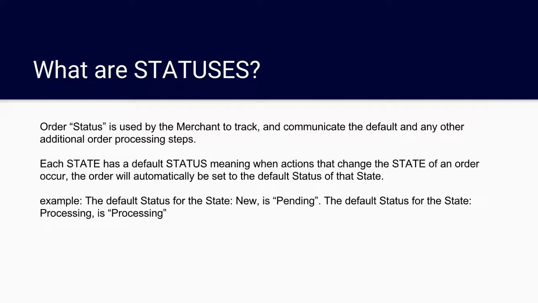The default status for the state of new is pending. So when a new order is placed and it hasn't had any funds captured and it hasn't been shipped, the order status is pending while the state is new. The default status for the state processing is actually the same word, processing. So once the order is either invoiced or shipped, then it gets moved into the state of processing with the status of processing.